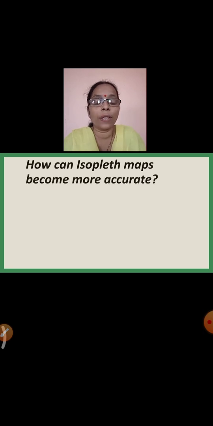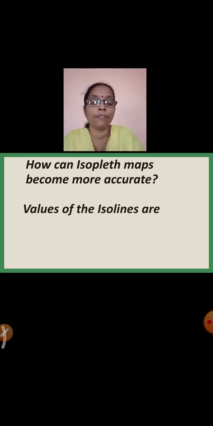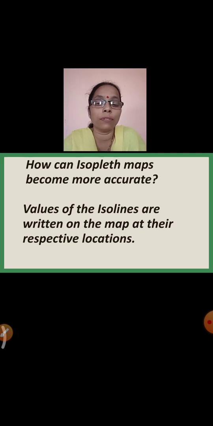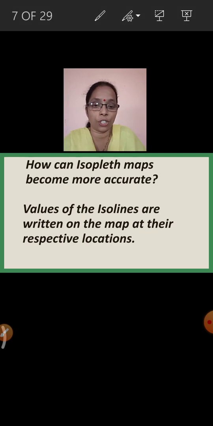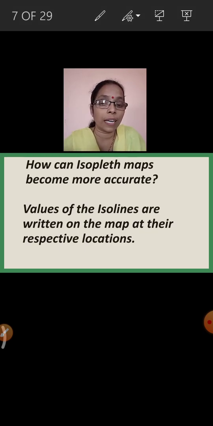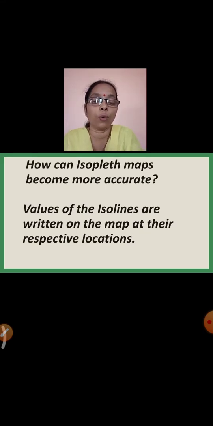Now, how can isopleth maps become more accurate? So first thing, the values of the isolines are written on the map at their respective locations. So we write the values like how in choropleth map and dot method map, class intervals are made, but in the isopleth map we particularly show those values on the map itself with the help of lines, on the respective locations.